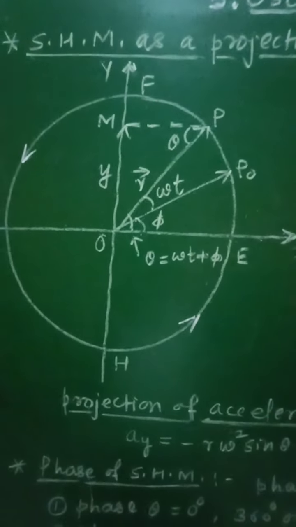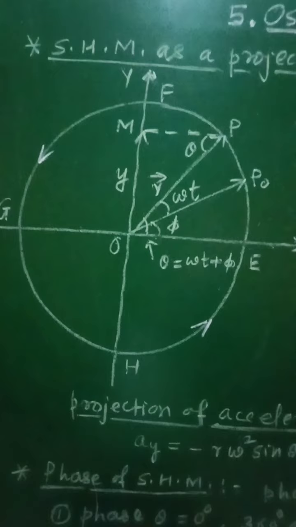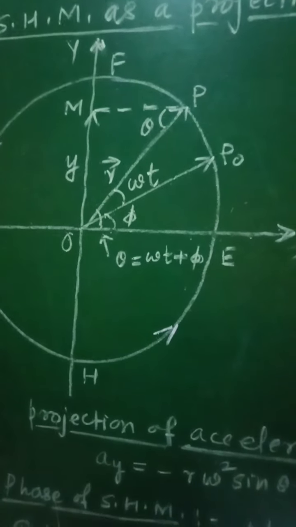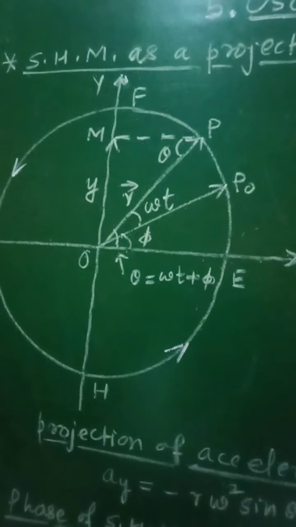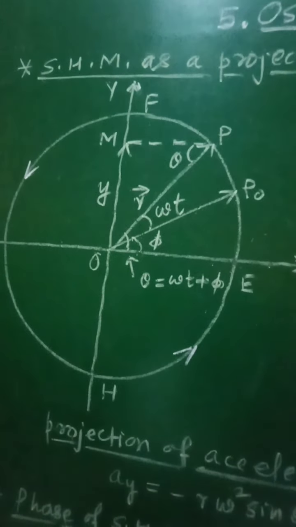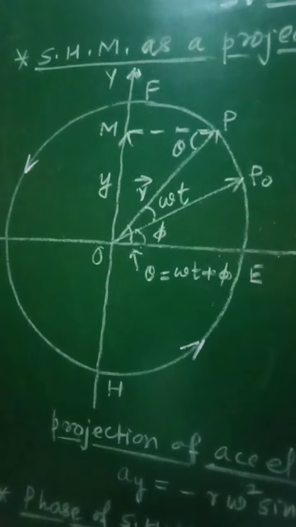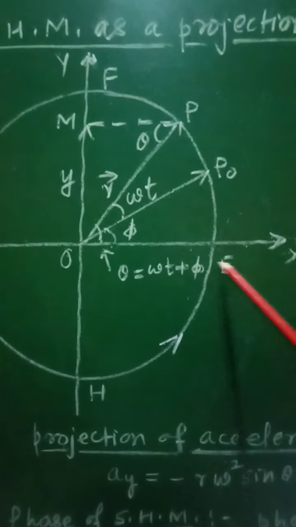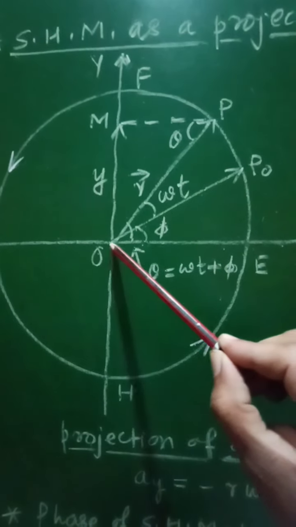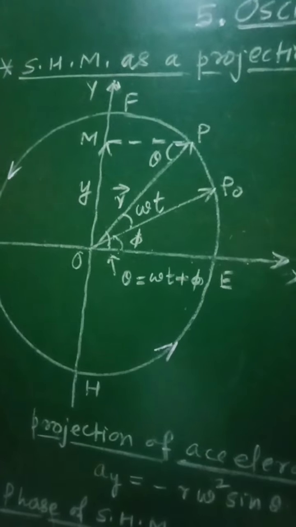So if we consider now this circle, then at time t equal to 0, let that particle P be at position P0 with reference angle phi with the reference line OX.